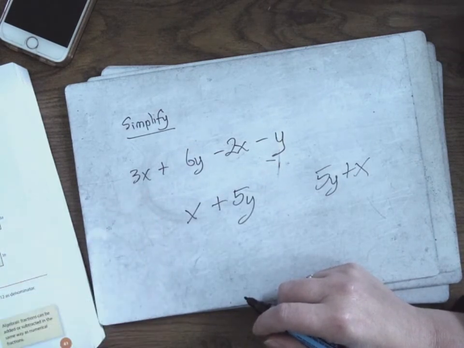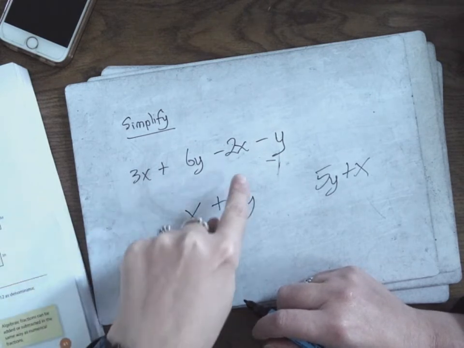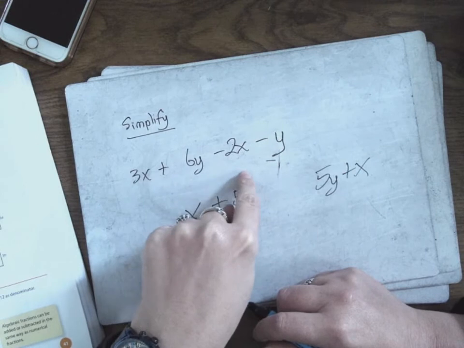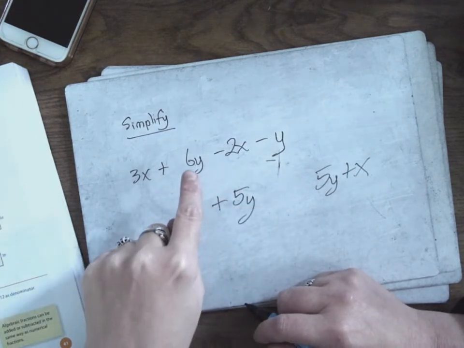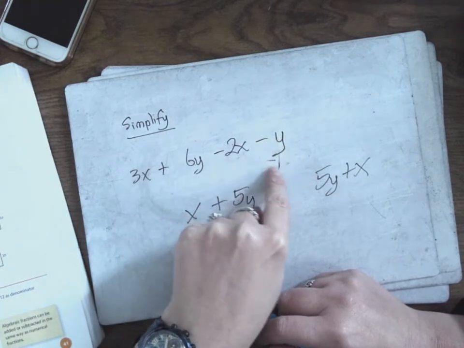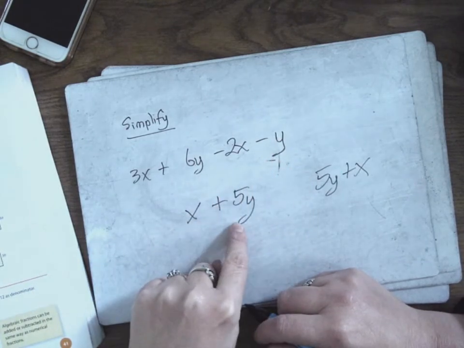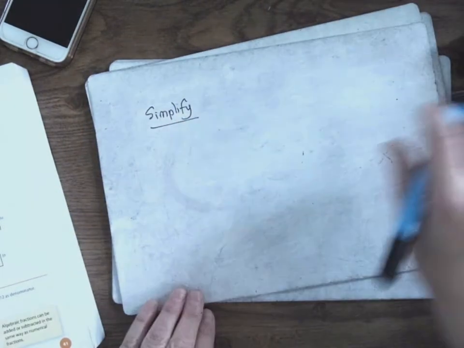Pick out your x terms there for me. x and 3x minus 2x. What's 3x take away 2x? 1x. Okay. Pick out your y terms. 6y minus y, which would be 5y. Oh, okay. Is that right? Yeah. Okay, one more, just to be sure.